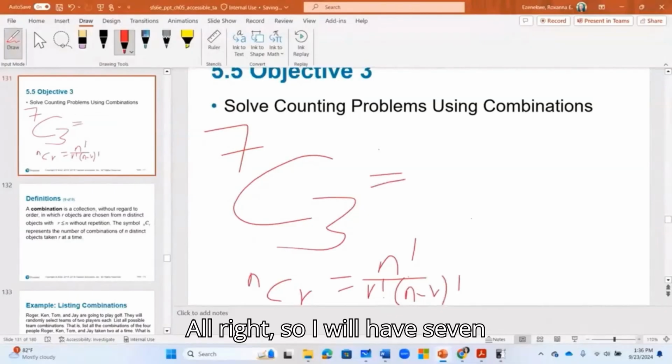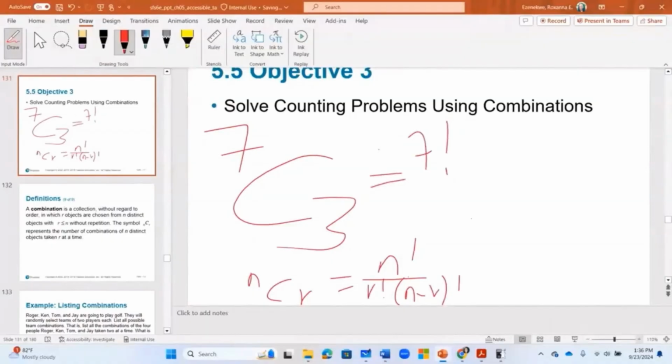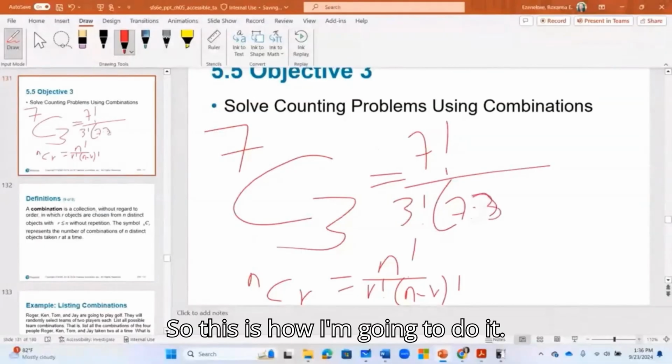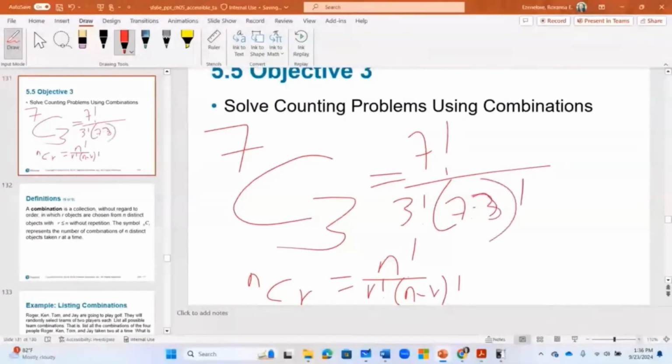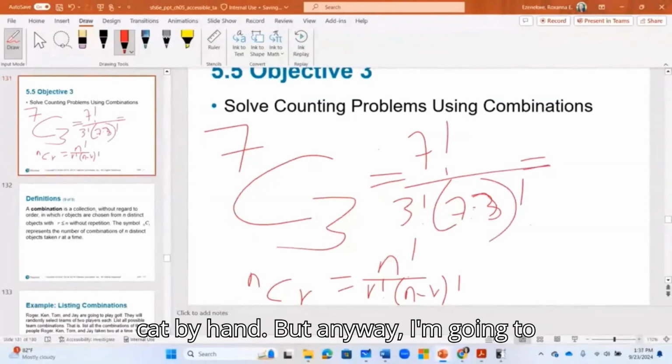All right, so I will have 7 factorial, the number of shoes I have, all over 3 factorial into 7 minus 3 factorial. So this is how I'm going to do it. And don't worry about doing it with your card, by hand.